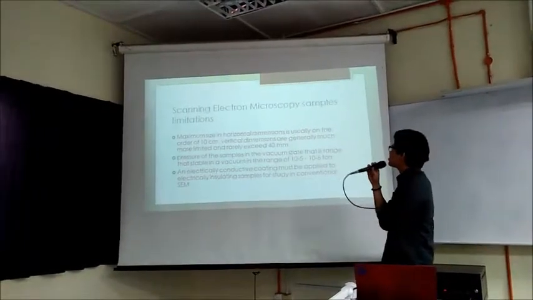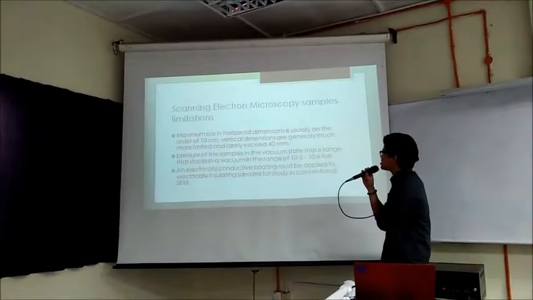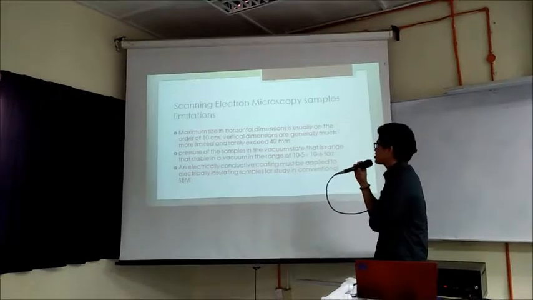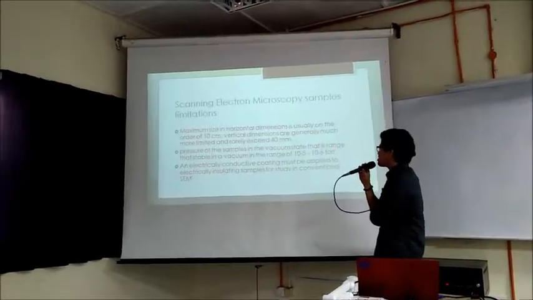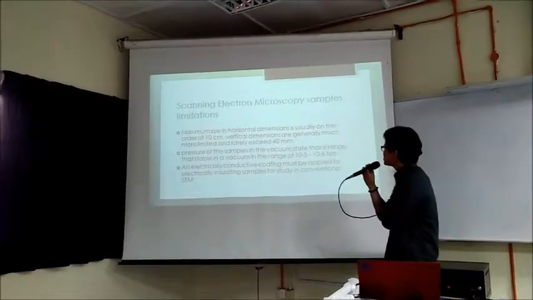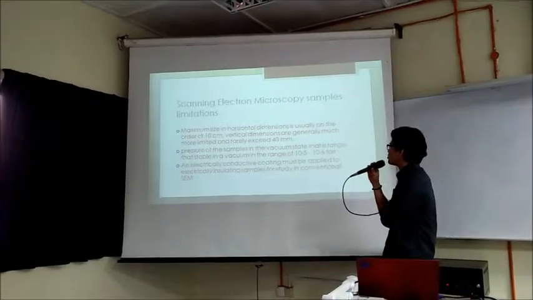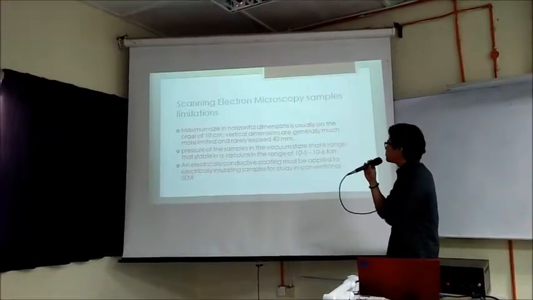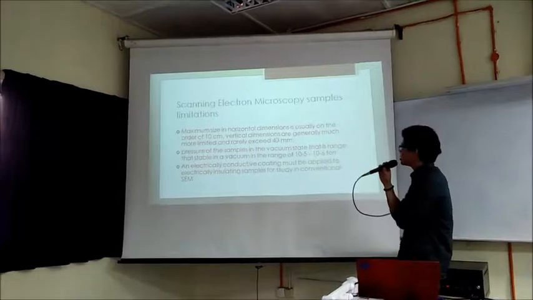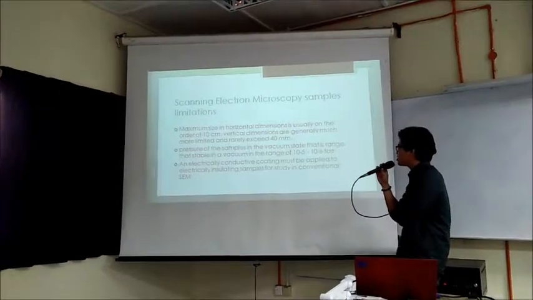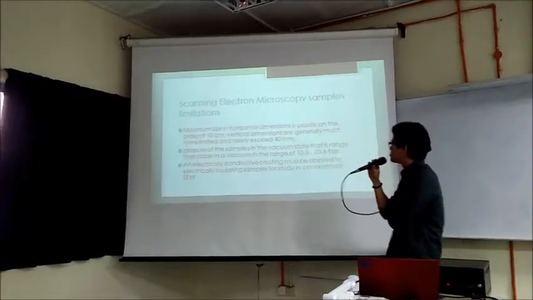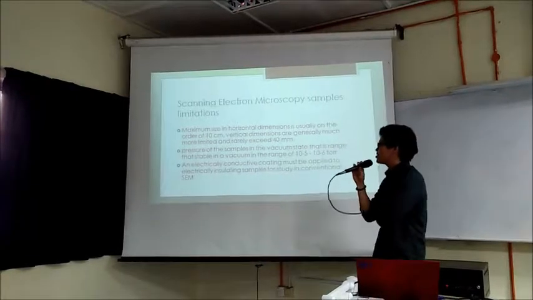Next is scanning electron microscope samples and limitations. One is maximum size: the horizontal dimension is usually on the order of 10 centimeters, while vertical dimensions are generally much more limited and rarely exceed 40 millimeters.